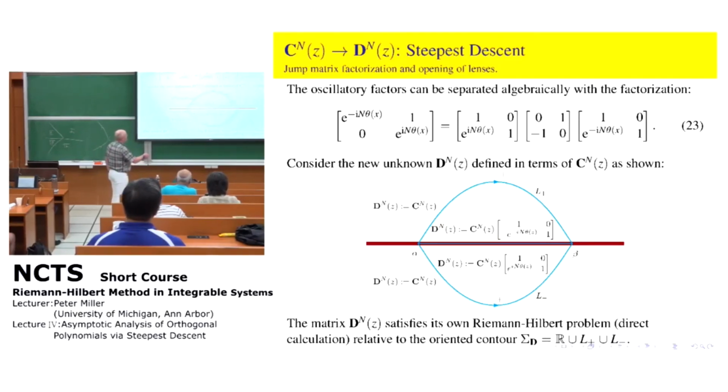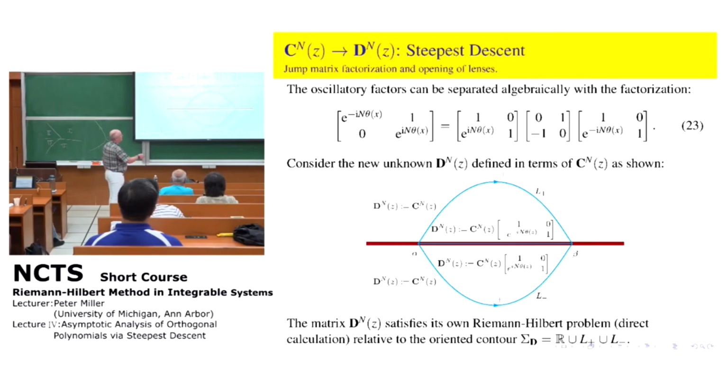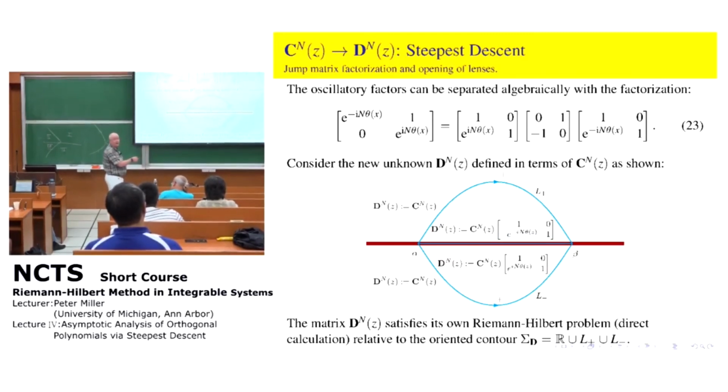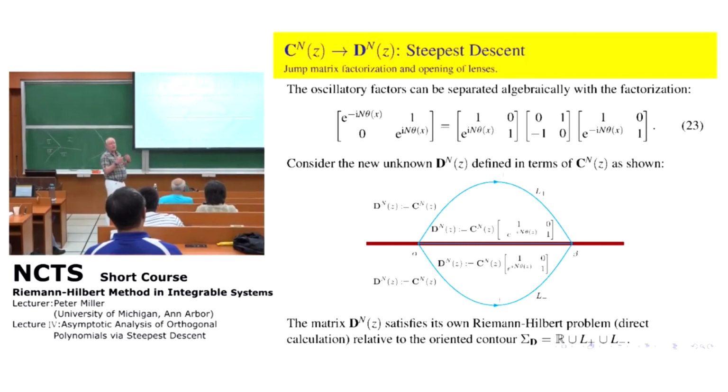This factor here is something that's oscillatory on the real axis, but now it gets transported onto this curve instead. And on this curve, this quantity is exponentially small instead of oscillatory. So somehow we have descended into the valleys of the real part of the exponent.